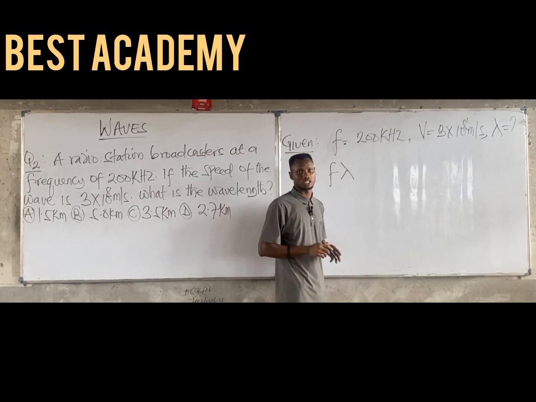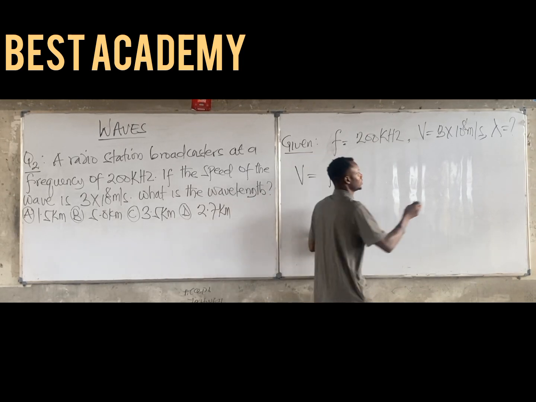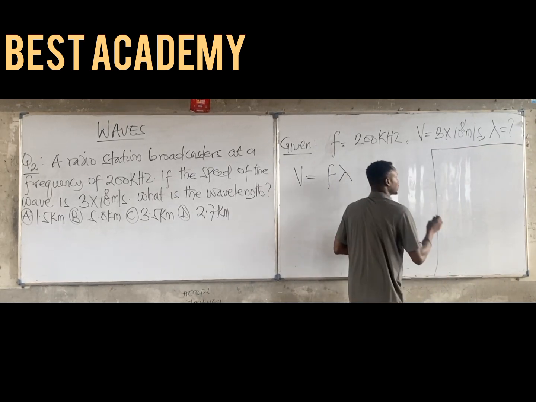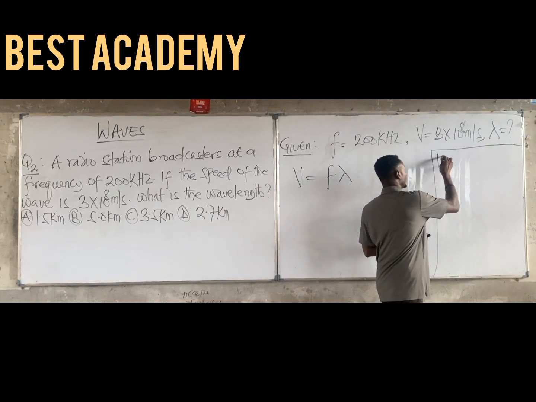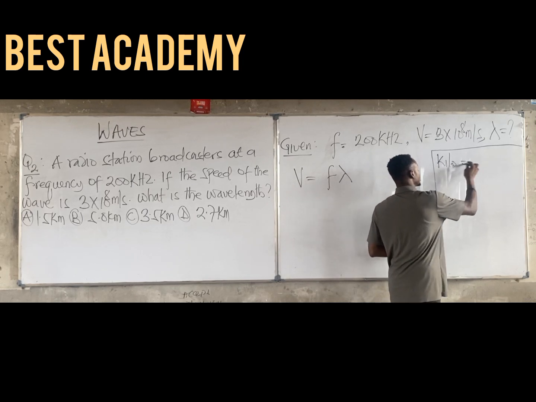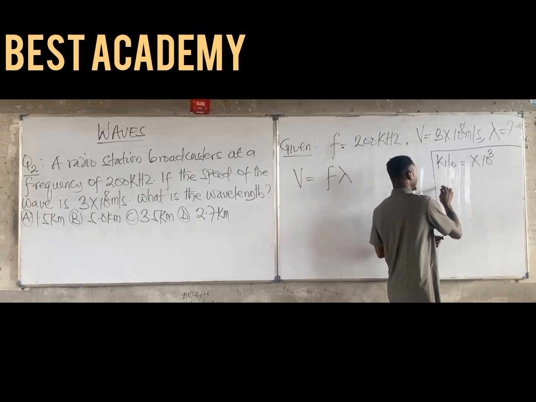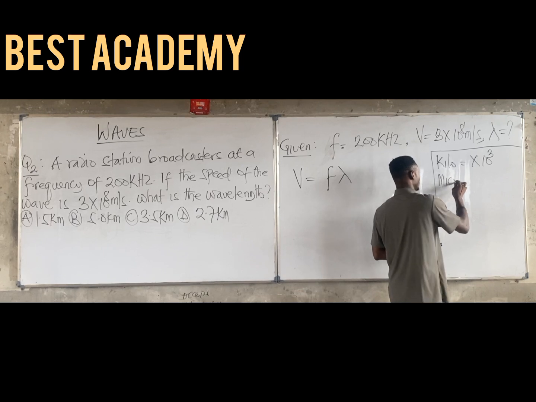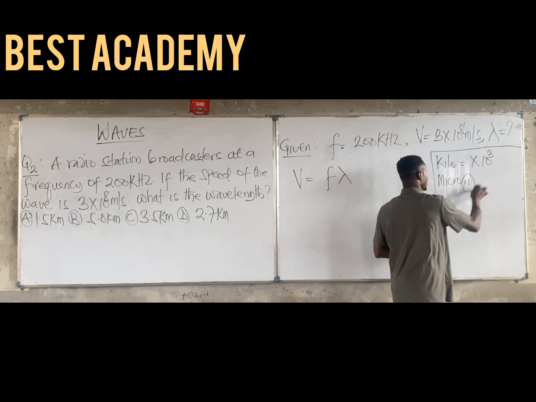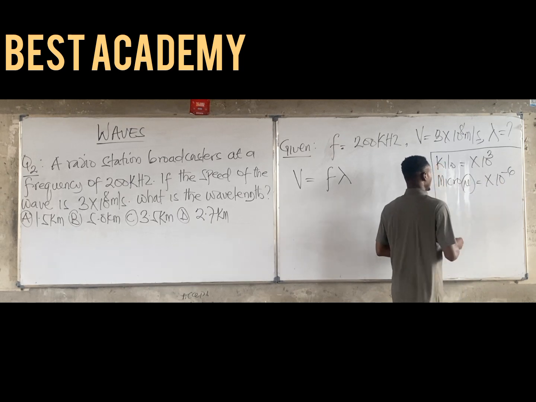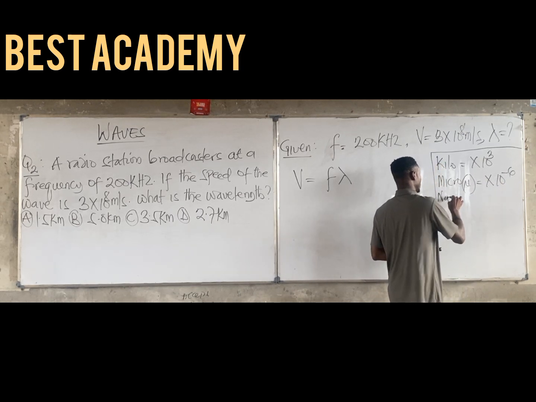kilo is a prefix. We have prefixes in mathematics, okay? What are they? We have kilo. Kilo is times 10 to the power of 3. Please take note. We have micro. Micro is times 10 to the power of minus 6. We have nano. Please take note.